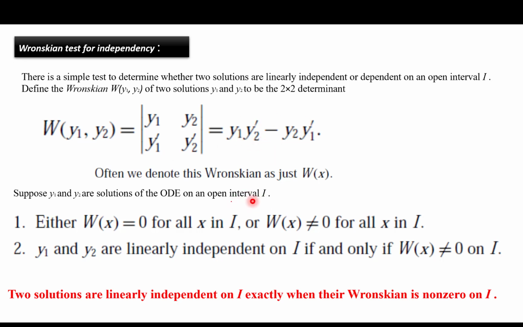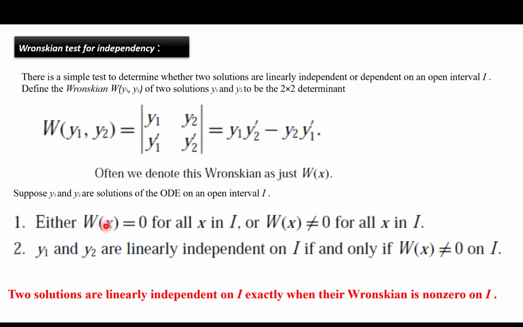So we have the interval I here, and the Wronskian should, for all values of this interval, always have one value. And this is actually the first condition.